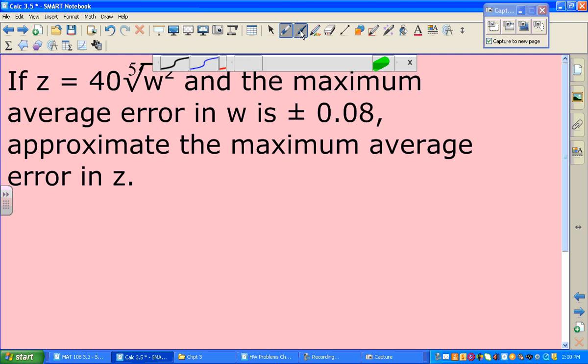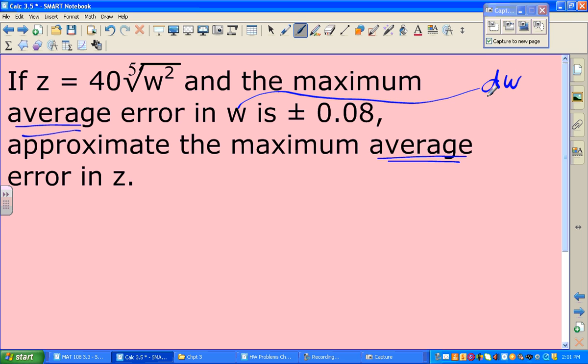Now, this one we're going to try to do from start to finish and get it right. That's a good idea. As somebody just said, the word average is in it. This means that dW over W equals plus or minus 0.08. This means you're looking for dZ over Z. That's the question.